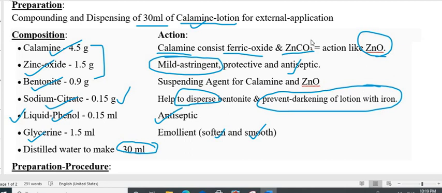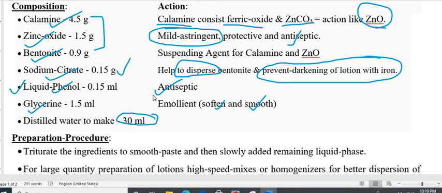So when you are going to mix these, how do we prepare? Take all the components: calamine 4.5 gram, zinc oxide 1.5 gram, bentonite 0.9 gram, sodium citrate 0.15 gram, liquid phenol 0.1 ml, and triturate well, mainly the solid ones, that is, those in grams. You have to add all the ingredients after weighing them in the mortar and pestle and triturate well.